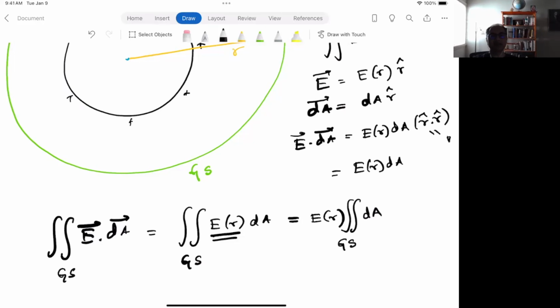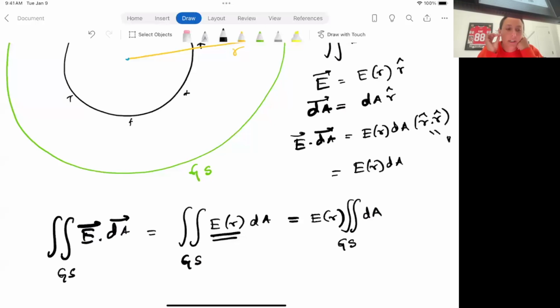Everybody clear about that? And now you can see why choosing a good Gaussian surface is important, because if I had any other surface, then this E of R would not be a constant. For different values of R, you would have different values of E, so I would not be able to pull it out of the integral.